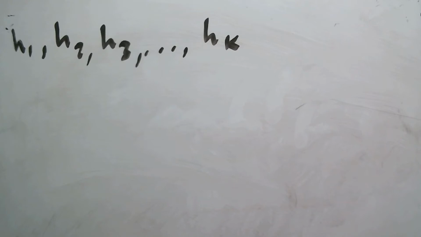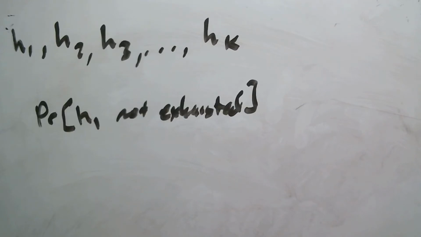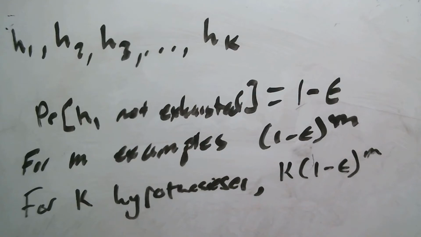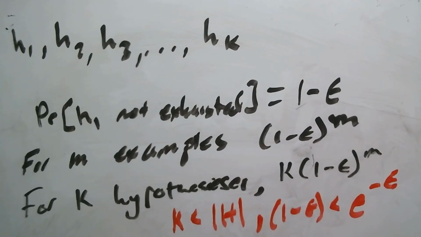The probability that one has error greater than epsilon is 1 minus epsilon. For m samples and k hypotheses, we get that the probability is at most k times (1 minus epsilon) to the m. Since k is less than the size of our hypothesis space, and 1 minus epsilon is less than e to the negative epsilon, we get that k times (1 minus epsilon) to the m is less than or equal to the size of H times e to the negative epsilon m.